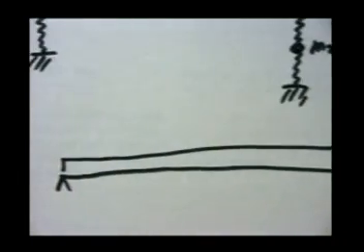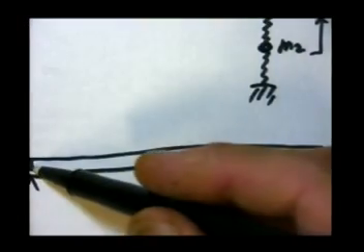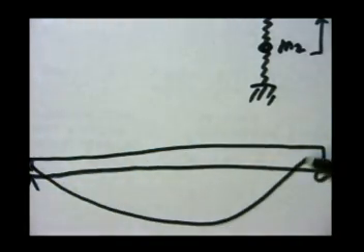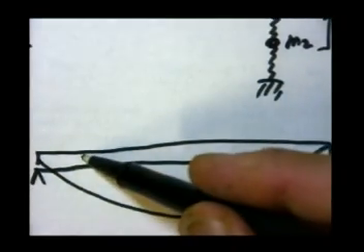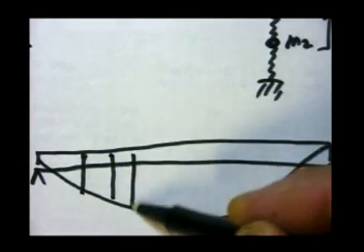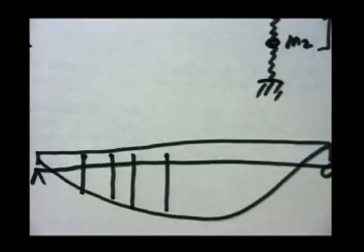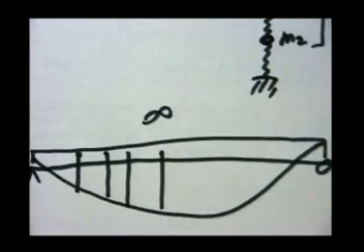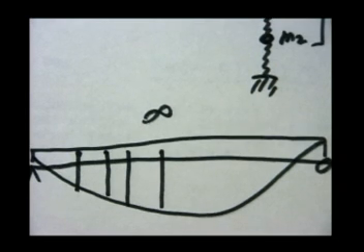Imagine a bridge. Then in order to find the displacement, I need to know this function. That means I need to know where this point is, where this point is, where this point is. How many points do I have? I have an infinite amount of points on the axis of the beam. So this beam is an infinite degree of freedom system. A beam certainly is not a raisin on a string.